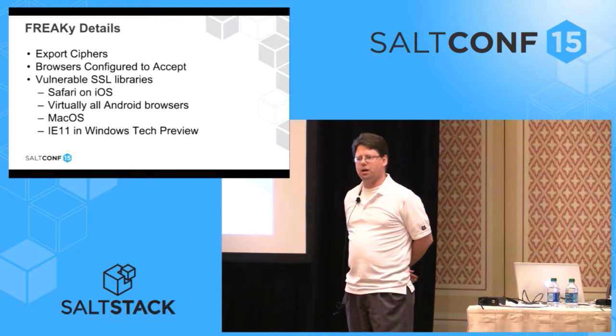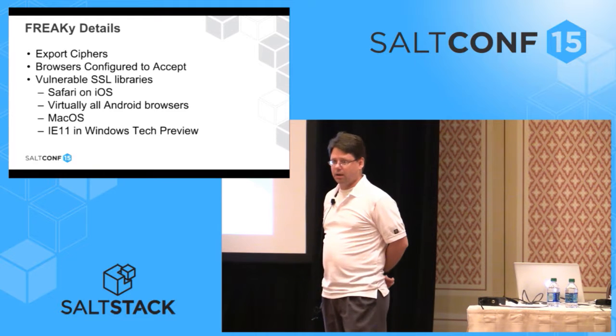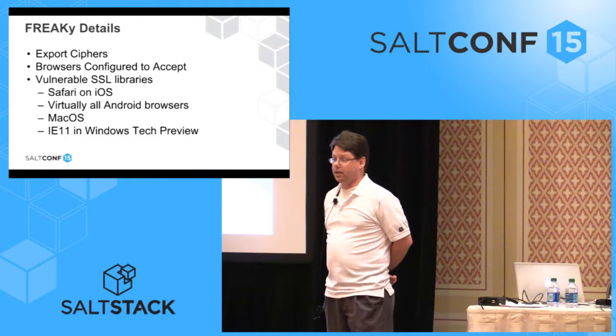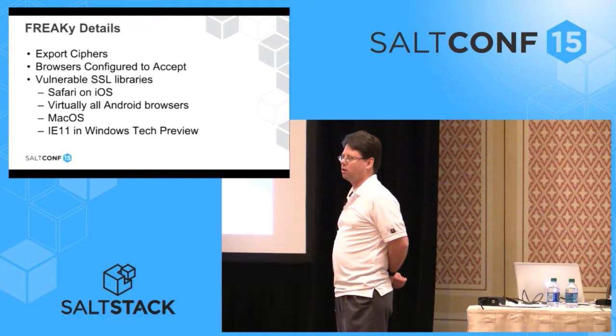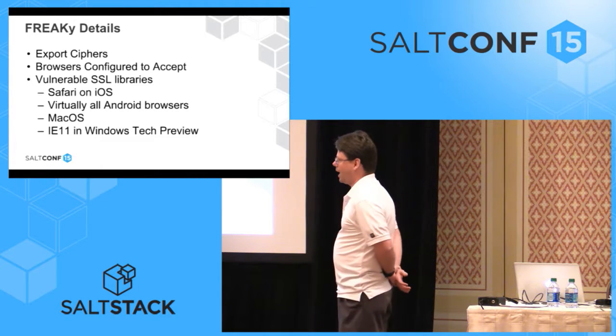For $10 on Amazon, you can spin up a couple hundred machines and perform a factoring attack. And so export ciphers are not something that anybody needs to be using anymore. They really need to be turned off, and there are a lot of servers out there that are misconfigured to allow export ciphers.